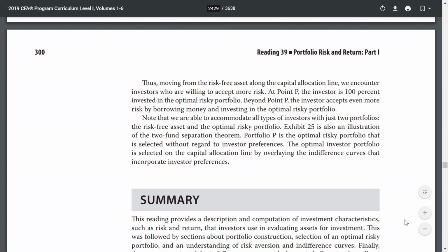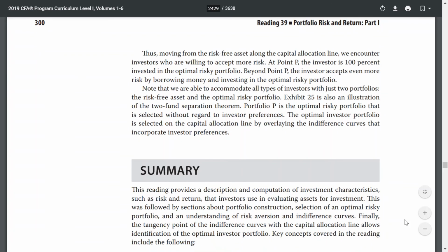Portfolio P is the optimal risky portfolio that is selected without regard to investors' preferences. The optimal investor portfolio is selected on the capital allocation line, but by using the indifference curves that incorporate investor preferences.